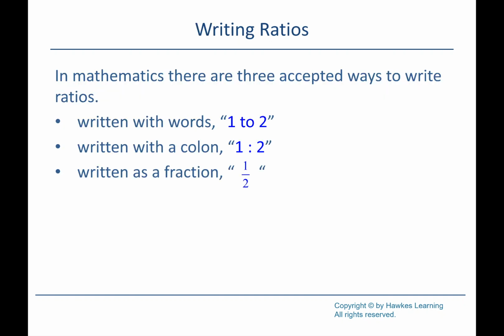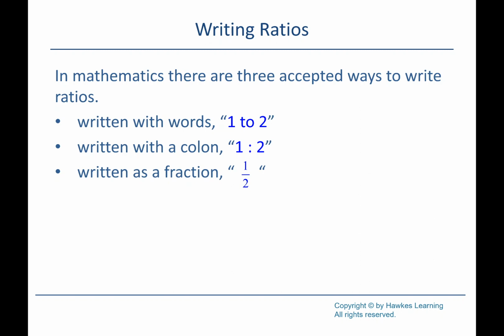You can do a ratio with just words. You can just put 2 between the numbers. So like this first one, we would say we have a ratio of 1 to 2. You can put a colon between the two quantities, and you read it the same way. You still say that's a ratio of 1 to 2.